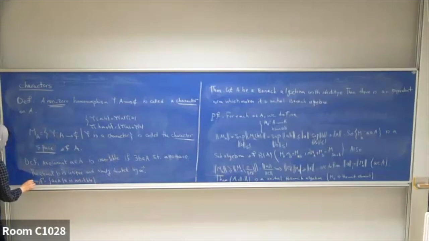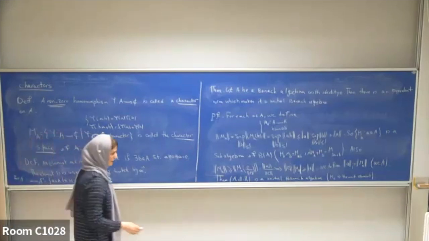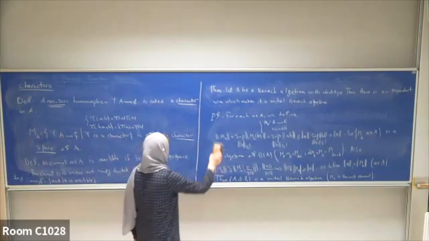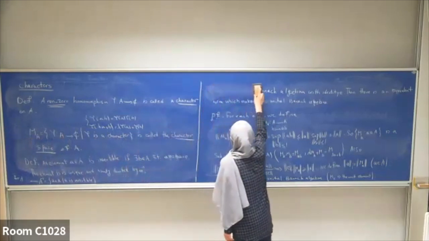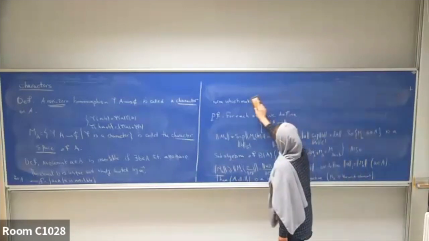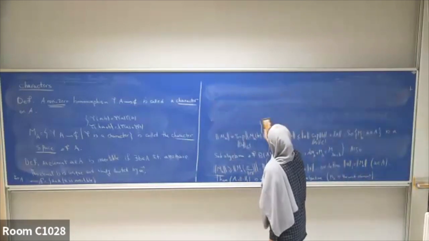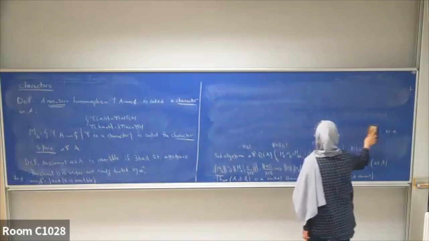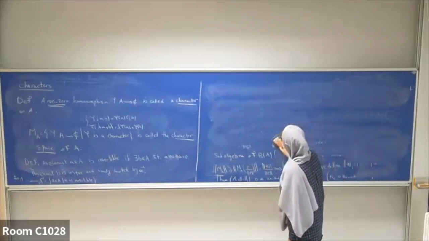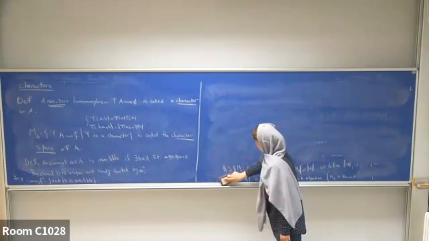Some books use, for example, inv of A. Actually, the set of invertible elements is a group with multiplication, and it's easy to see this fact.